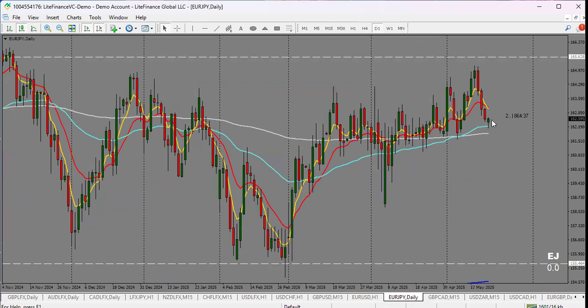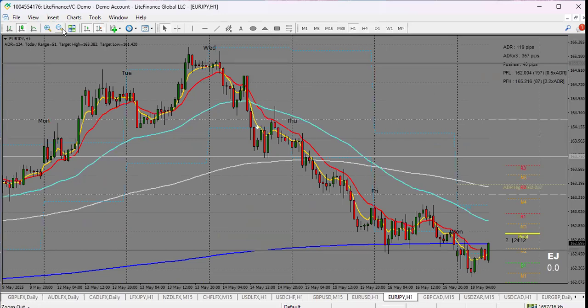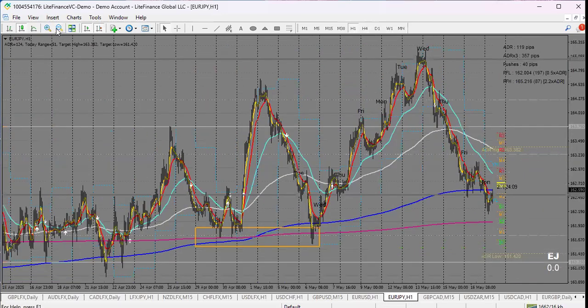This is the daily time frame. The market formed this area of support here, and this is why I was expecting the market to go up another level, but it has returned to this point again, and I'm still holding on to the bullish market structure on EURJPY.